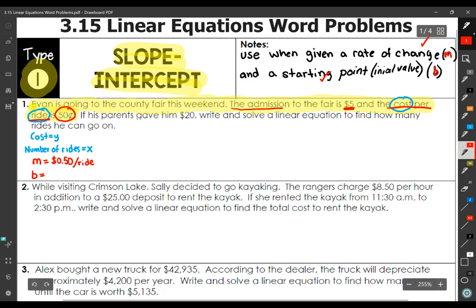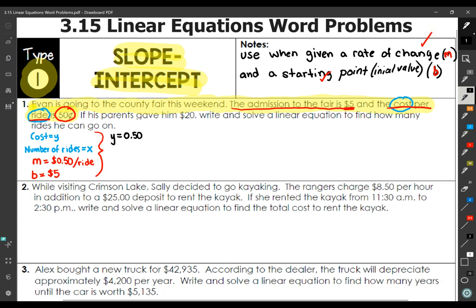It says the admission to the fair is $5, so right away when I get to the fair, I have to automatically pay $5. We use this information to create our equation: y, which is cost, equals 0.50 times the number of rides, x, plus 5. Notice I don't have to put units into my equation, I just put the numbers in. So that's part 1, coming up with the equation.